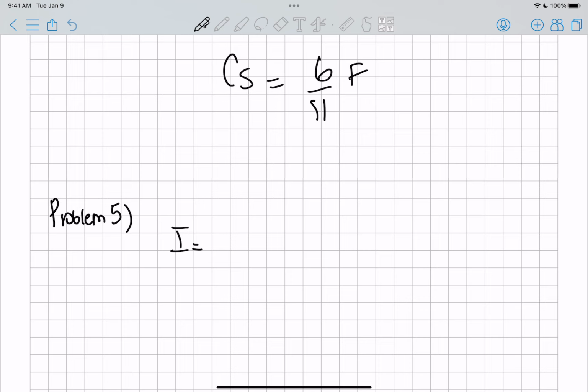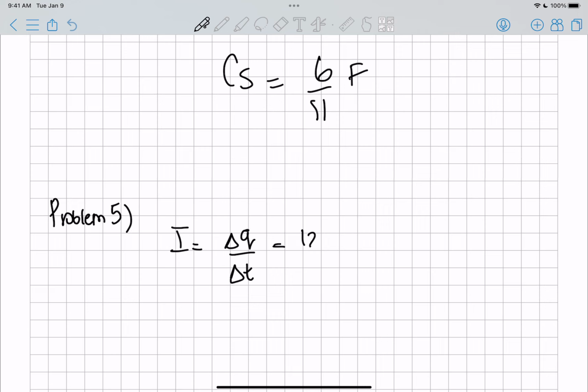The equation for the current is actually the change in charge divided by the change in time. It's kind of like speed or velocity. It's like the amount of charge going through a specific area per second. So how can you figure out the amount of charge going through here?